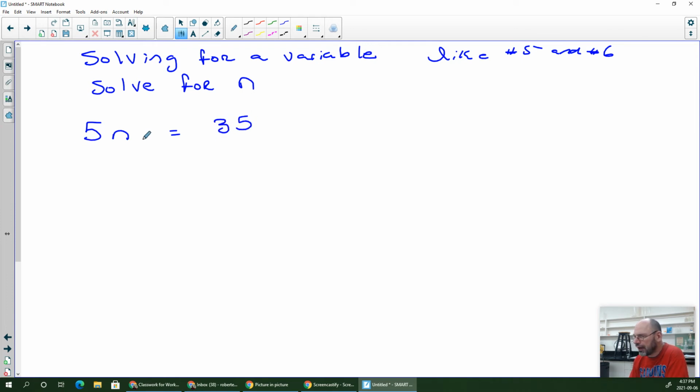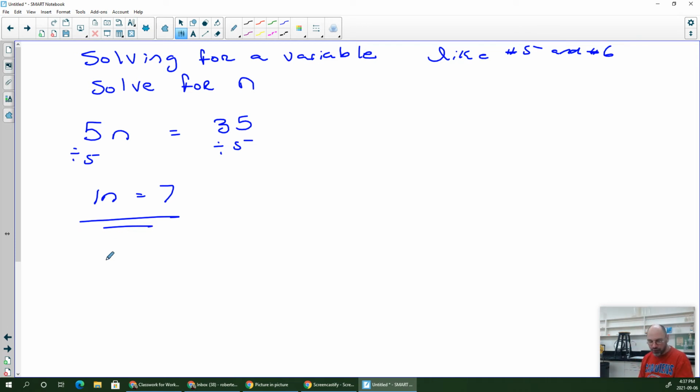Okay, so this is 5n, we want 1n, so we've got to divide both sides by 5. So 5 divided by 5 is 1, so this is 1n equals 35 divided by 5, 7, if you do it on your calculator. Okay.